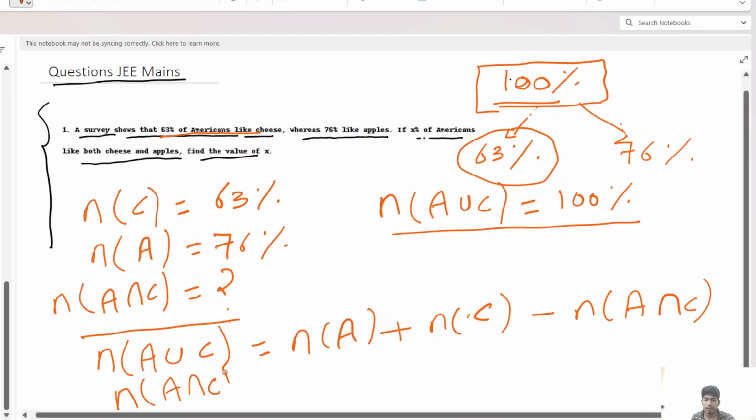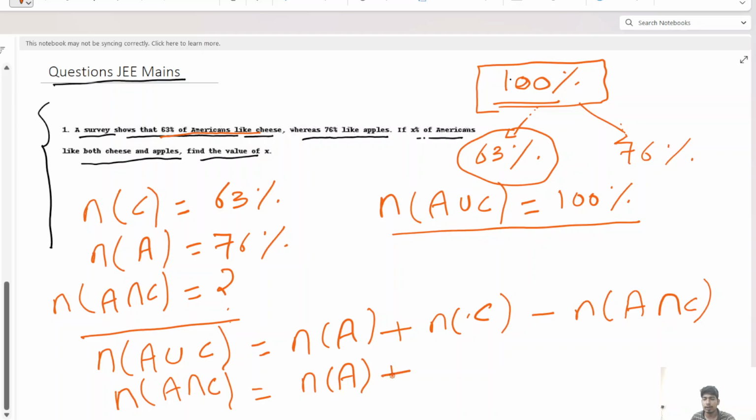A intersection C, that is the number of people who like apples plus the number who like cheese minus the number who like either apple or cheese.